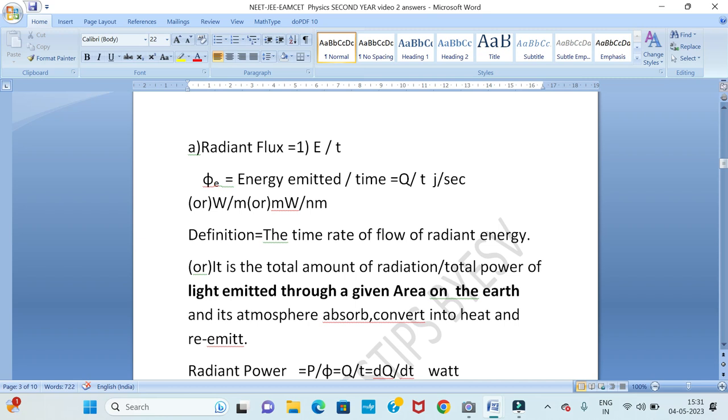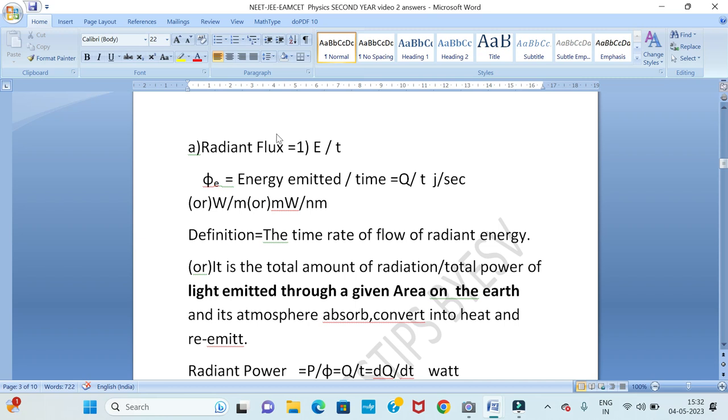Simple: radiant flux, here the letter is F. So you remember radiant flux with the keyword 4, F-O-U-R, and here 5, F-I-V-E.